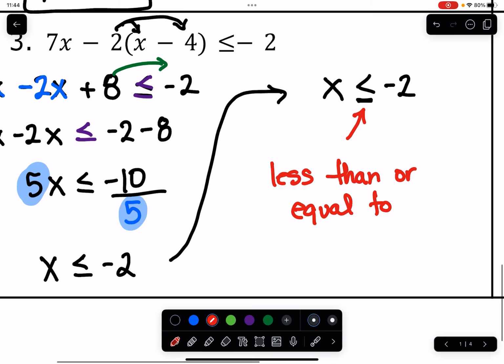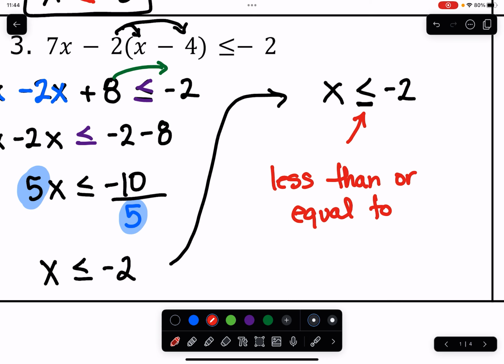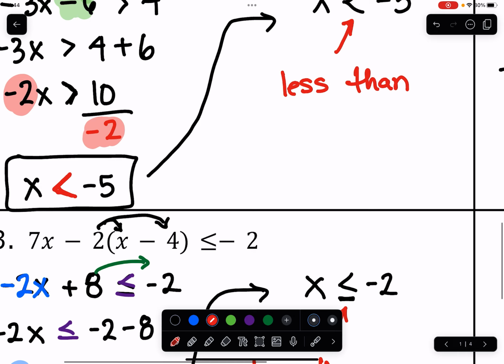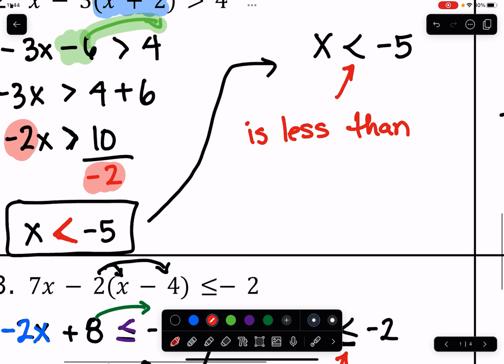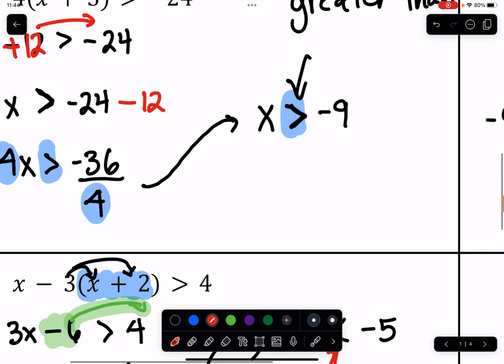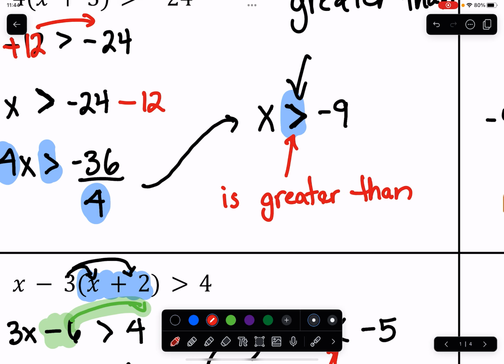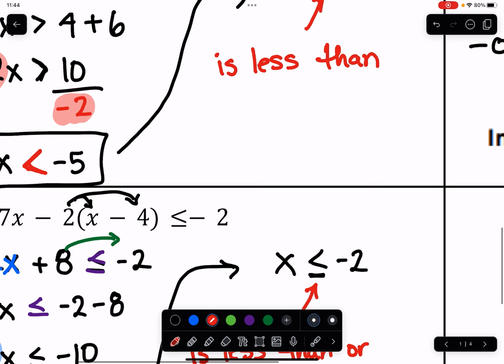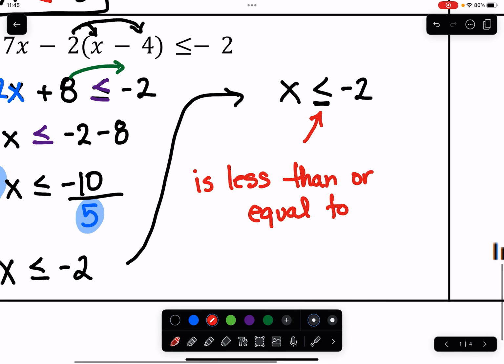Okay? This one is less than. Let me go back over here. This right here is greater than. Okay? So back to this example. So this one is less than or equal to.